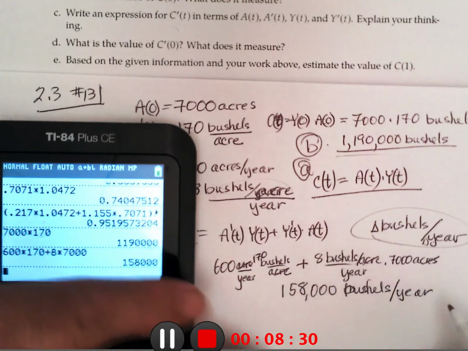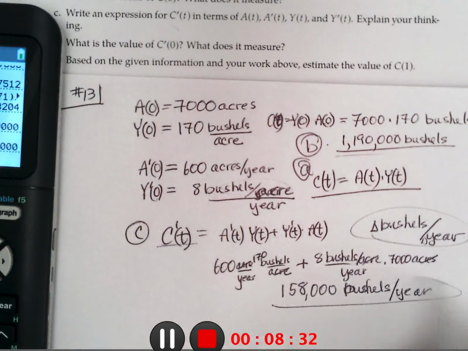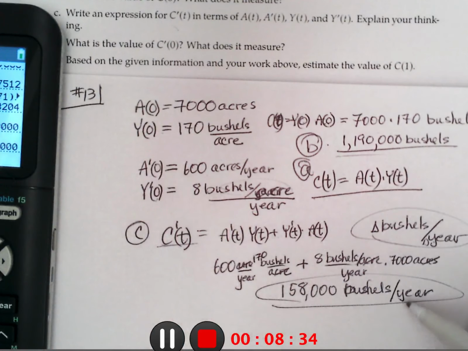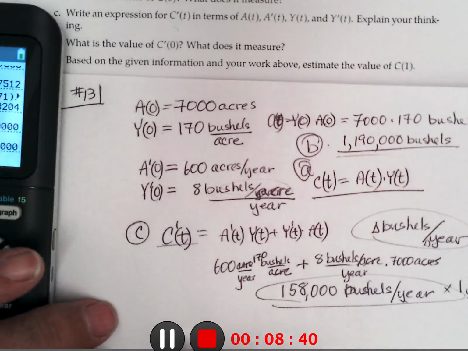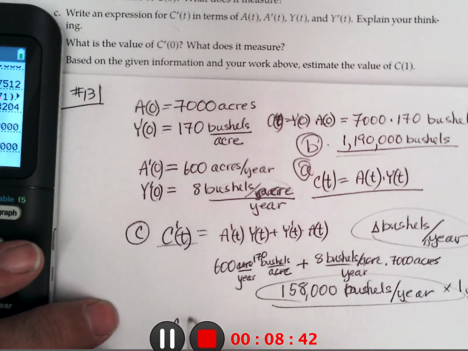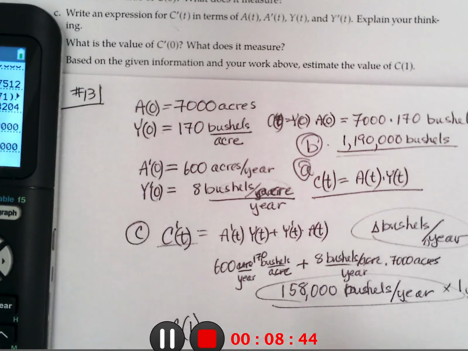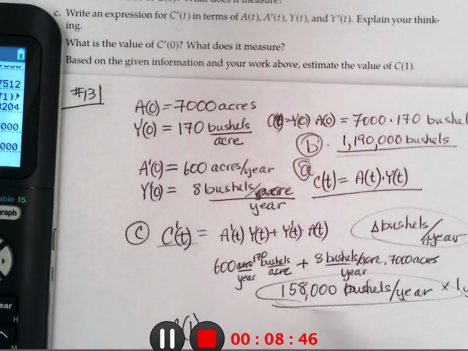And if we go for 1 year, we take that times 1 year, because they want us to do it at C prime of 1, so we're going to go 1 year. So at this rate of change, I would add this many bushels in that 1 year.